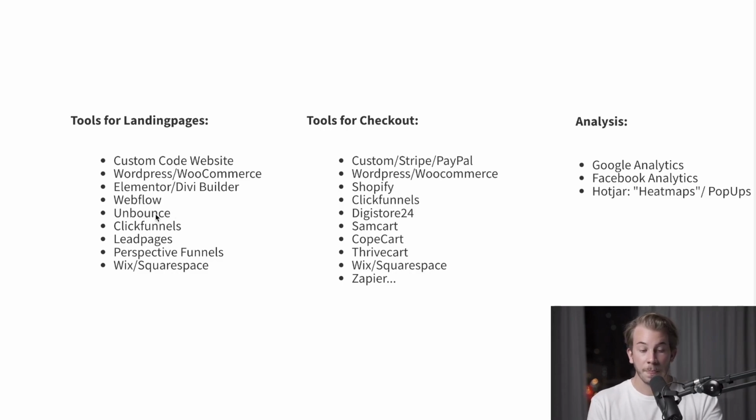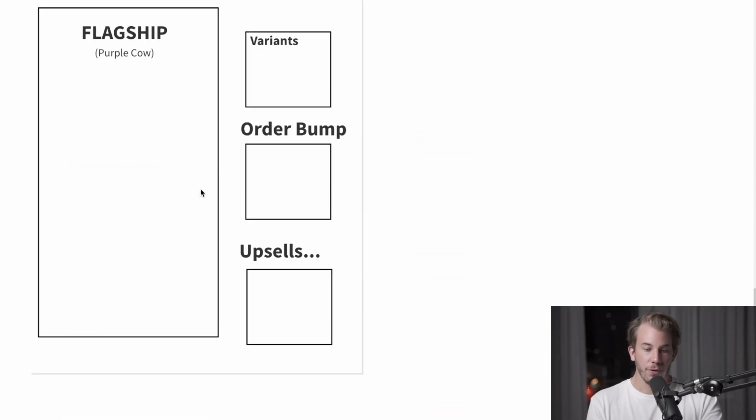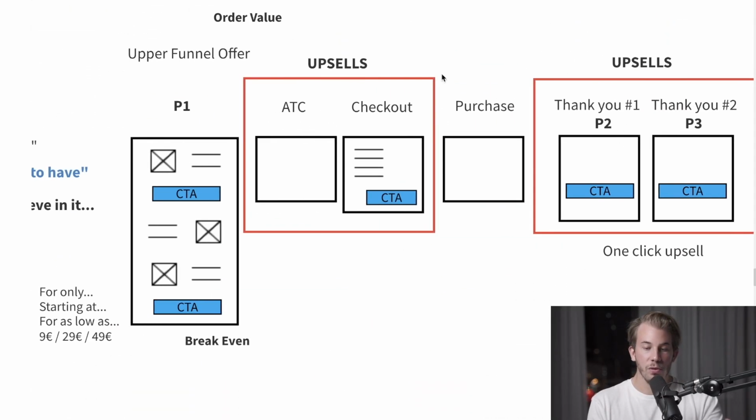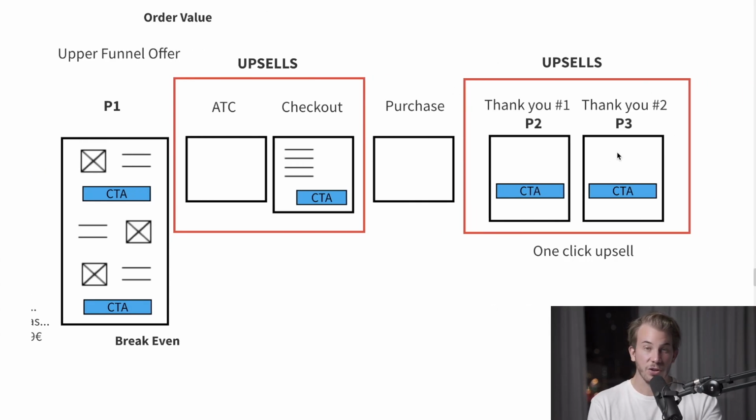Like Unbounce. ClickFunnels is mainly used for making this whole funnel in one tool. You would have the page here, you would have the checkout, the add to cart, everything here. You can have your thank you pages, all that in ClickFunnels. We've used ClickFunnels mainly for the last 7 years as being a performance marketing agency in that space.